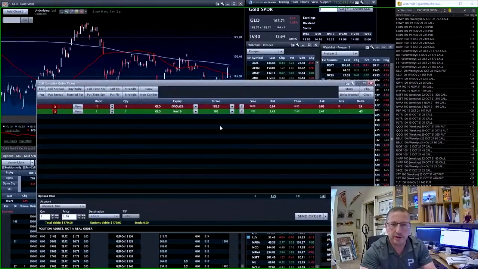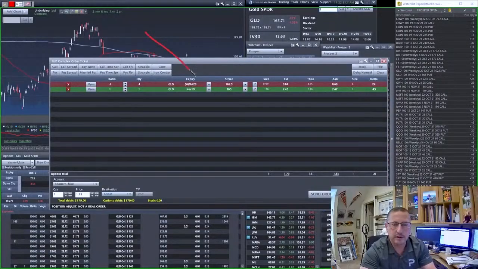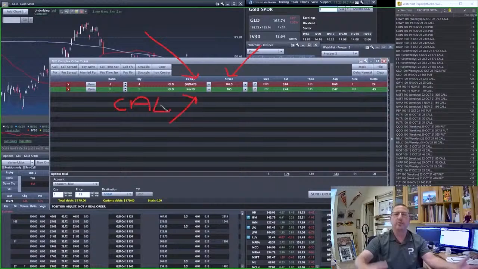The way we structured this was just this. We sold an October 29th expiration 162.5 put. To complete the spread, we bought the November 19th expiration. That gives us our calendar, selling October 29th, buying November 19th.